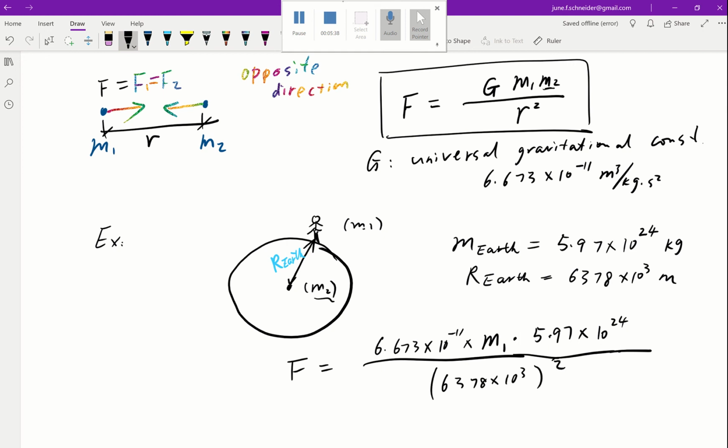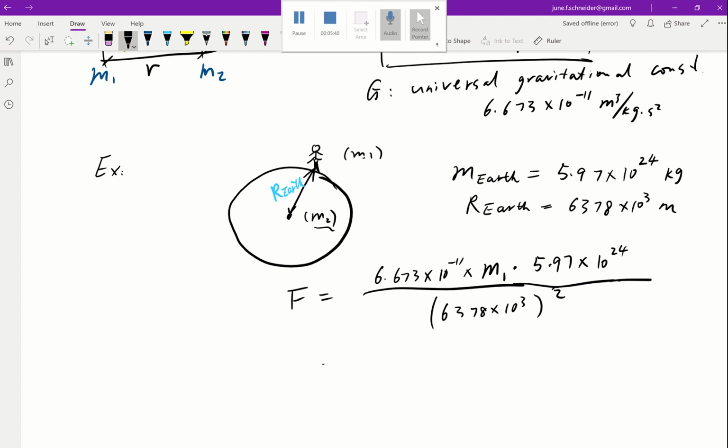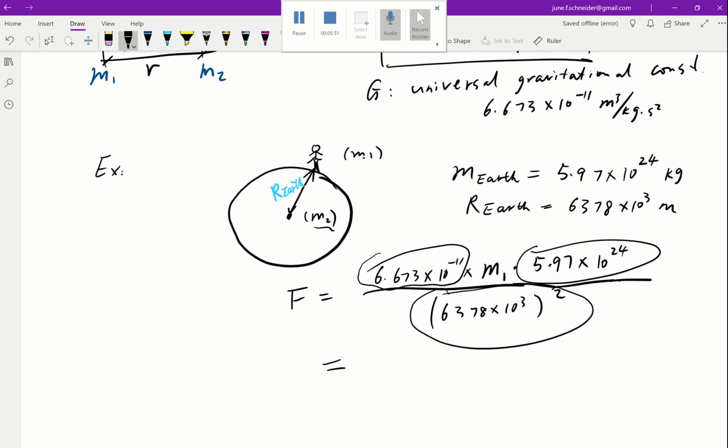That's our r. I encourage you to pause the video right now and put all those constants together. So this value times this value and divided by the square. Tell me what you get at the end.